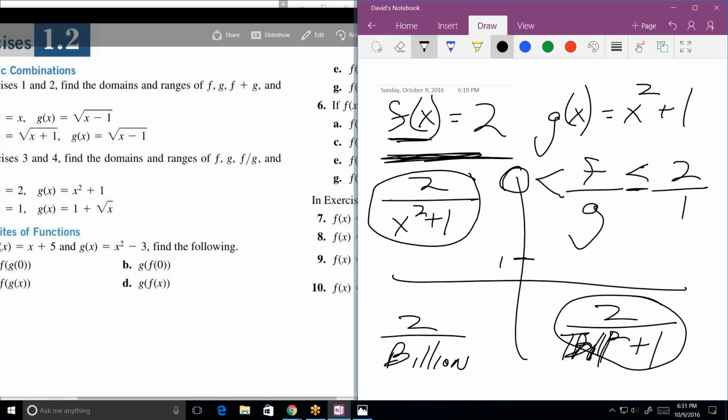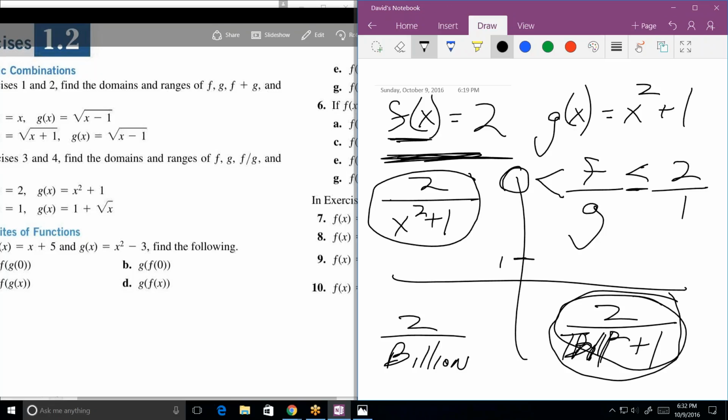In other words, I can make the denominator go up to a gazillion or a googol, and I can put as many zeros as I want in the denominator. The fact is as long as the numerator is a number and it's not 0, then this thing is never going to be 0, but it's going to get close to 0.